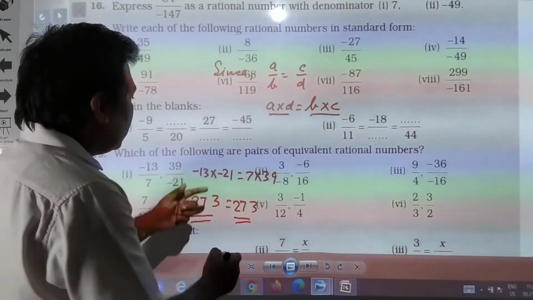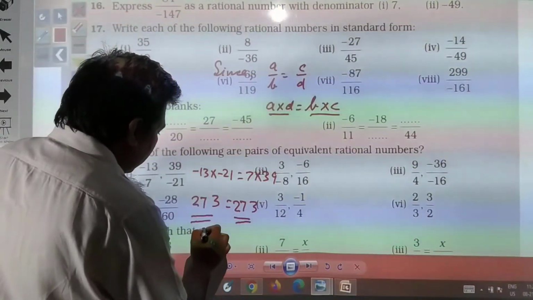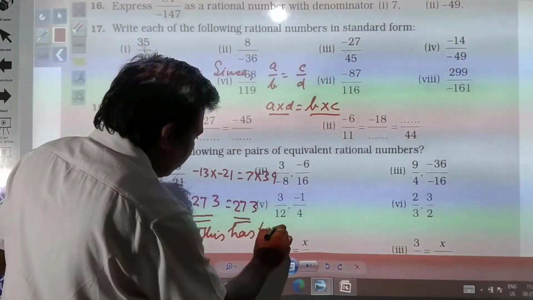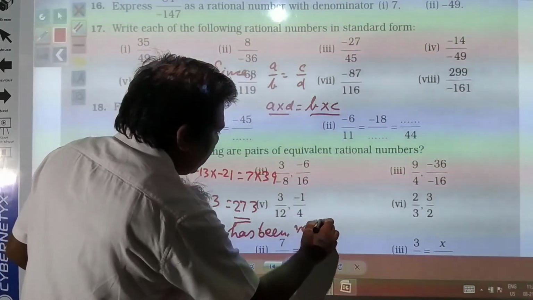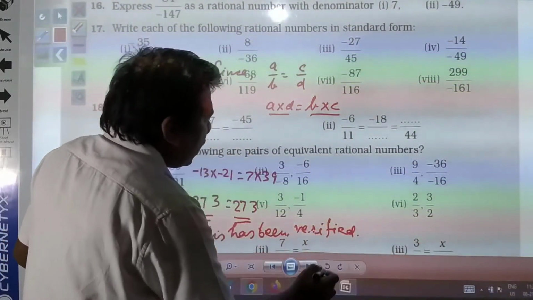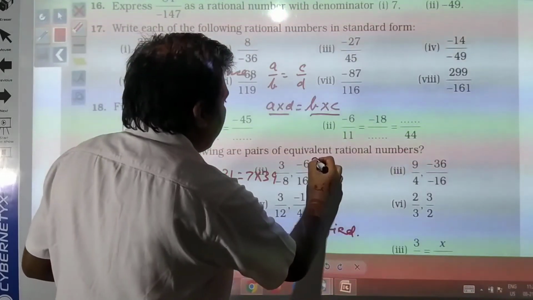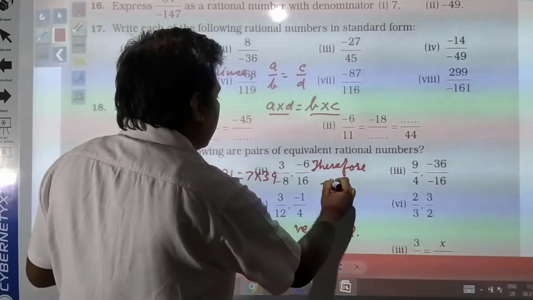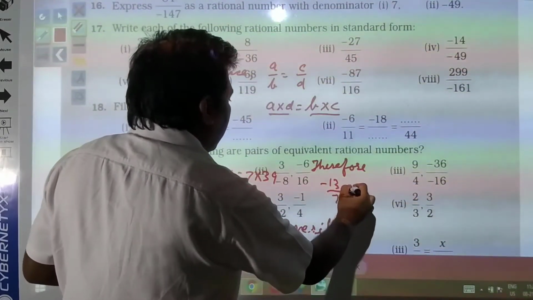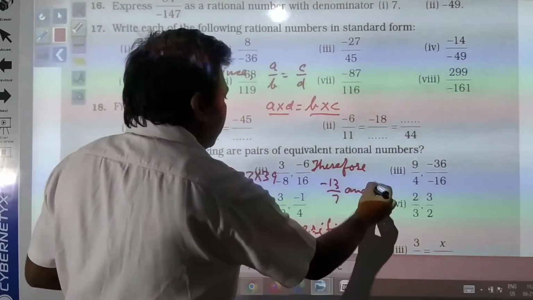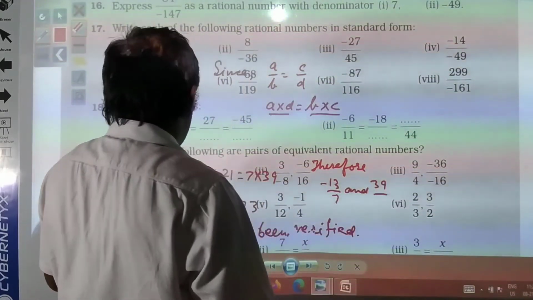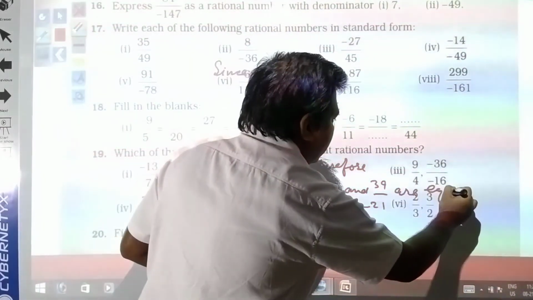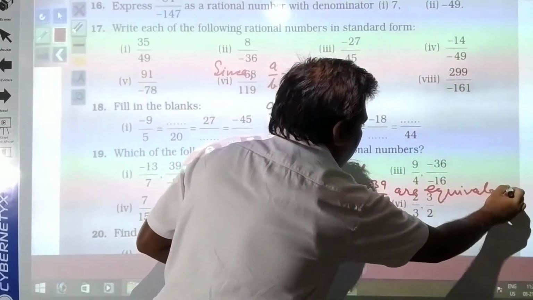So you can write, after writing this you will write, this has been verified, and that's why therefore minus 13 by 7 and 39 by minus 21 are equivalent rational numbers.